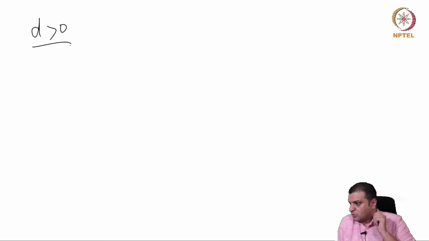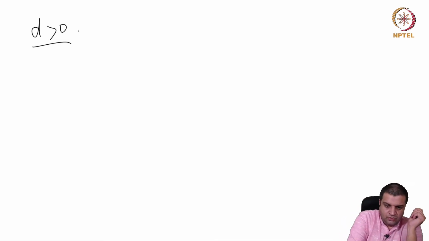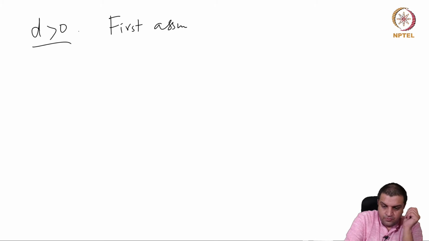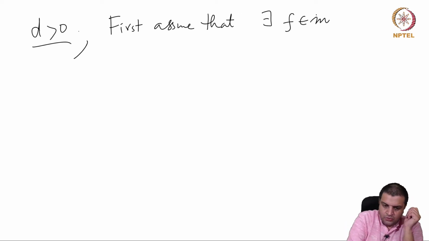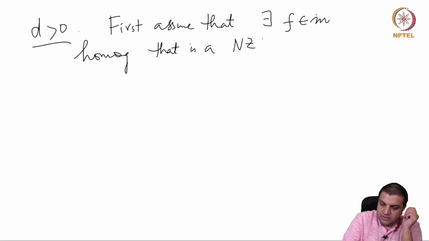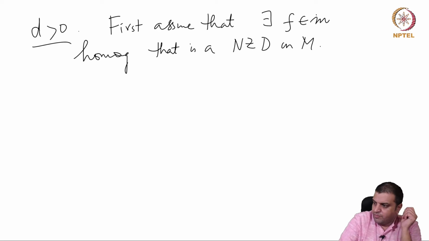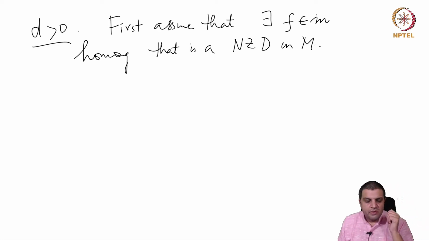Okay? So, D greater than 0. First, assume that there exists some f in R, f in the maximal ideal, homogeneous, that is a non-zero divisor on M. Okay.